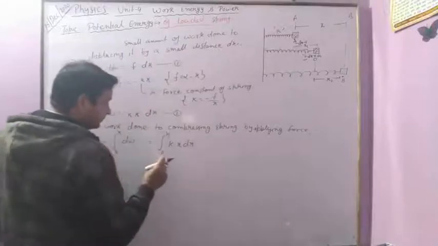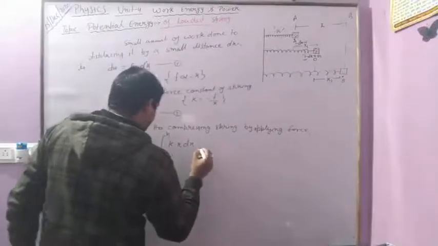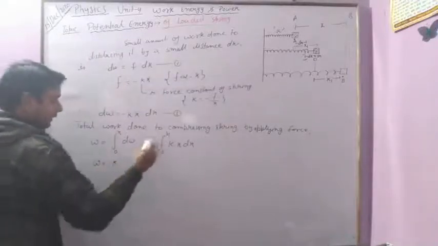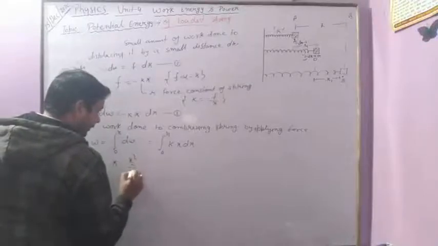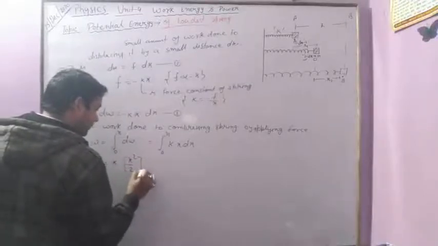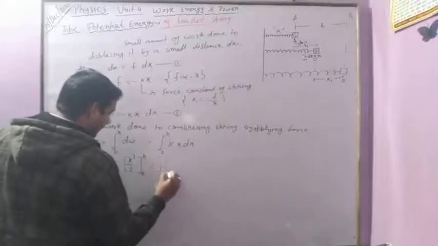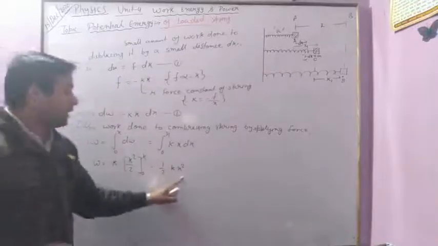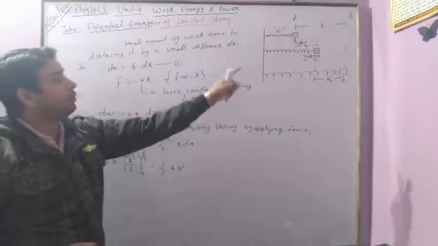Okay, therefore k is constant and we calculate x square by 2 from 0 to x, which we finally calculated as half kx square. This is the work done against the spring compressed from O to A.